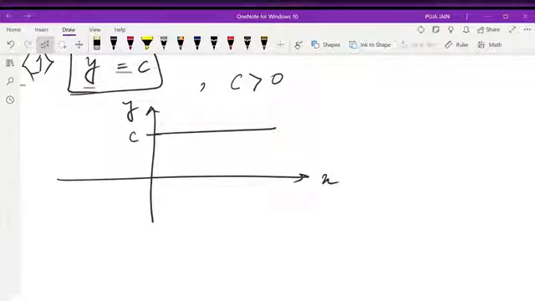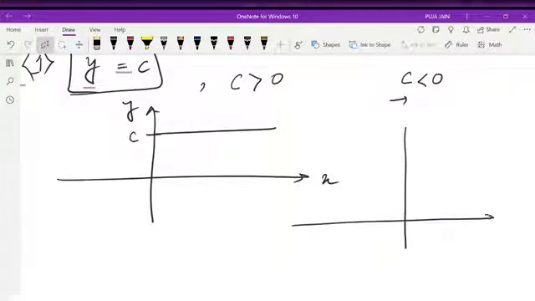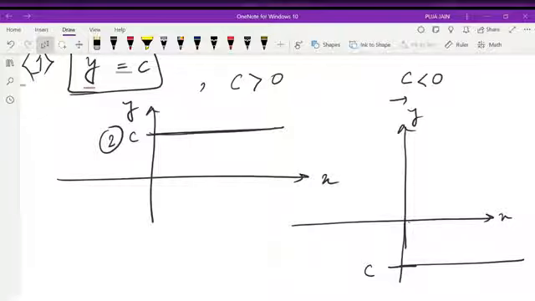If c is less than 0, that is, it is negative, then suppose this is c, it will be in this way. Whatever the value of x is, it doesn't matter. y has a fixed value, that is c. Suppose y is 2. If this is 2, then this will be the graph.